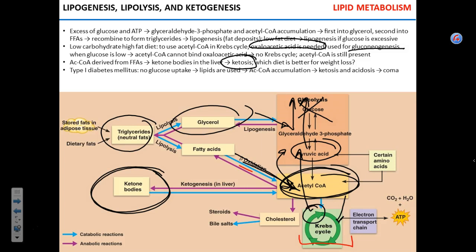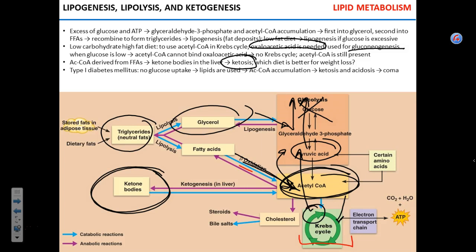Now, let me sum up so far. You do not eat carbohydrates, right? Since you need glucose, fat is broken down to glycerol and fatty acids. Glycerol is used to produce glyceraldehyde 3-phosphate, which will be used for glucose production. Oxaloacetic acid will be used for glucose production as well, which obliterates the Krebs cycle.